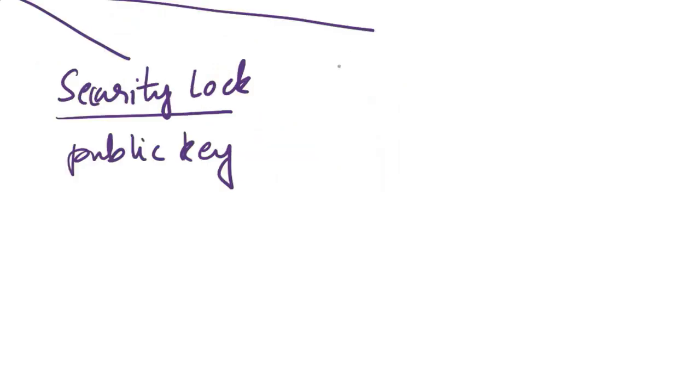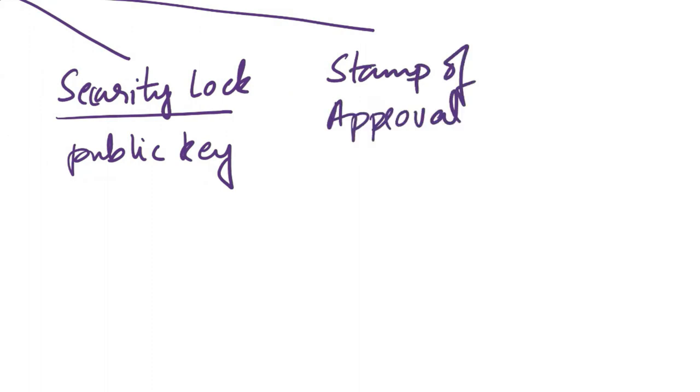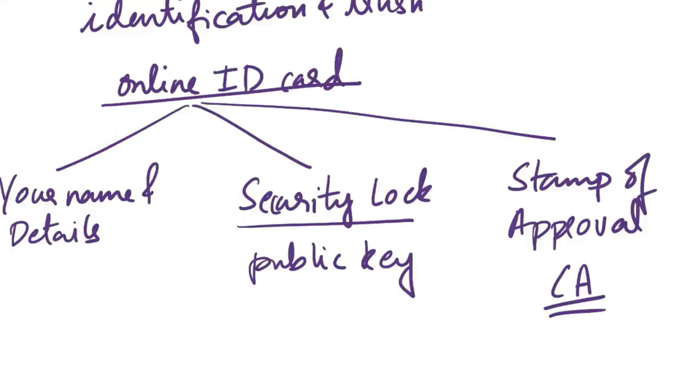Then it has a stamp of approval by a trusted authority. Trusted authority in this case is usually a CA, a certificate authority, saying yes, this person or organization is who they say they are. So when you send a secure email or visit a safe website, your digital certificate helps make sure your messages stay private and you know you're talking to the right person or website.